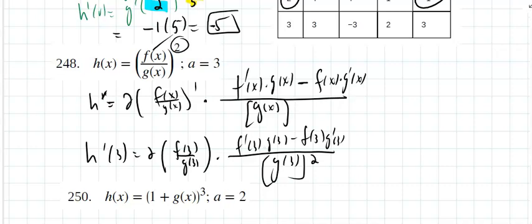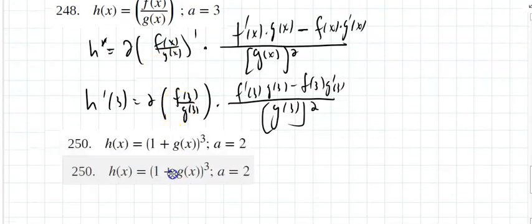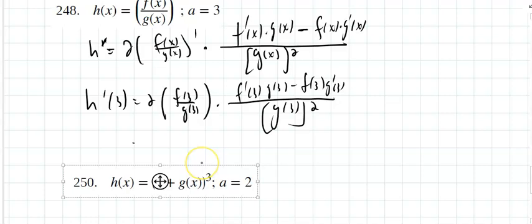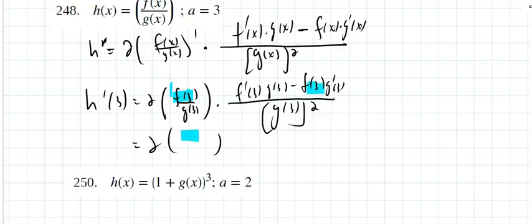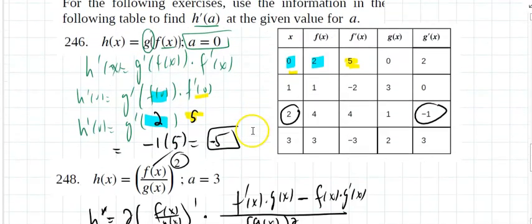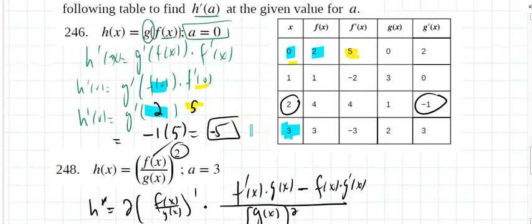Okay, and what would this be? Okay, I need f of 3 and f of 3. I need f of 3 right there and f of 3 right there. What's f of 3? When x equals 3, f is right there, so it's a 3.